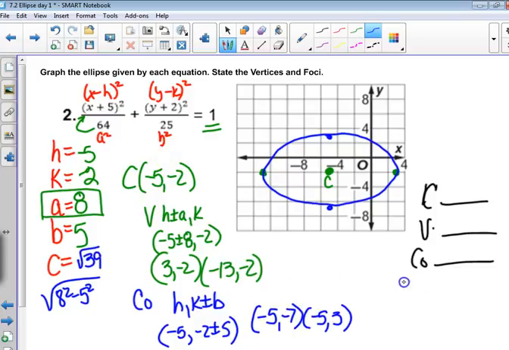Okay, so the foci, what's the formula supposed to be here? H plus or minus C comma K. So negative 5 plus or minus square root of 39 comma negative 2. Okay, you can leave it like that. When it's a radical, you can leave it.